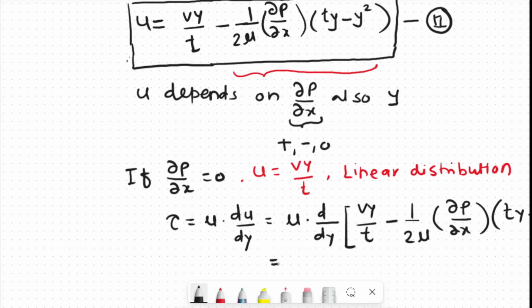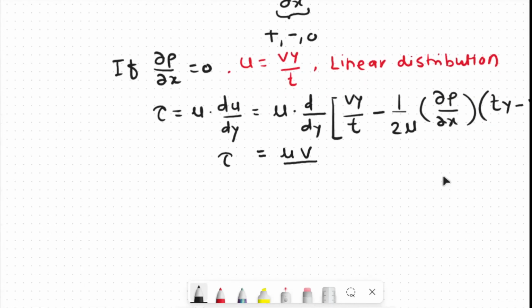Let us differentiate the relation with respect to y. So mu into the derivative of Vy by t, that will be V by t, correct?